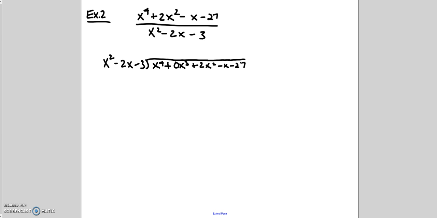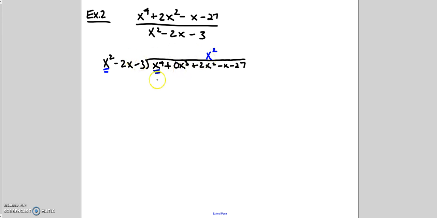So now we're going to follow our rules. I can find something that goes in from x squared to x to the 4th. So I would need to multiply by an x squared, and like I said, I like to line these up. So now I'm taking x squared and multiplying it by all of these terms, distributing it.